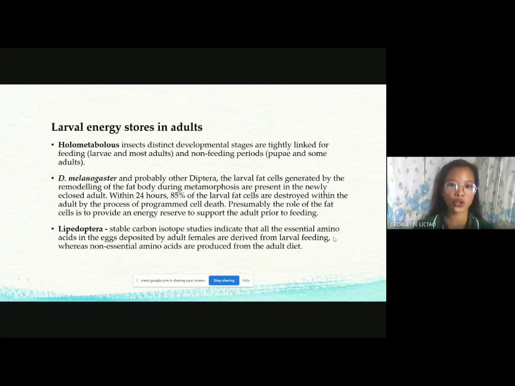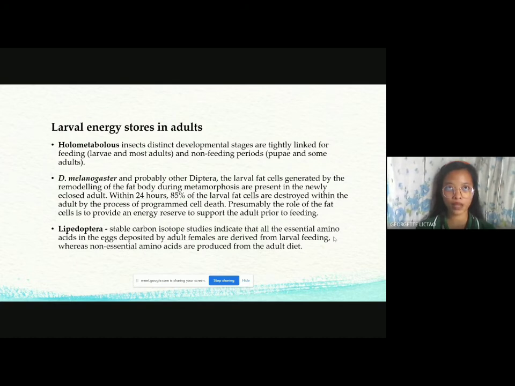Larval energy stores in adults. Holometabolous insects have distinct developmental stages that are tightly linked: feeding larvae and most adults, and non-feeding periods, pupae and some adults. This is what I mentioned earlier about the development of insects, which includes their life cycles like egg, larval, and pupal.